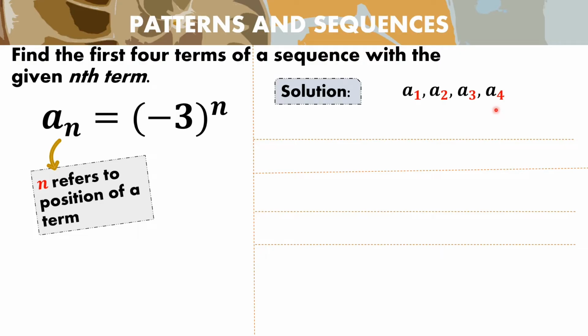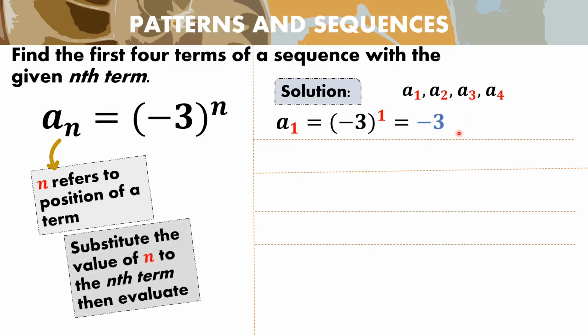That's the first 4 terms. First term, n is equal to 1. We just substitute the value of n into the nth term. A sub n equals quantity negative 3 raised to n, then equals quantity negative 3 raised to 1 equals negative 3.